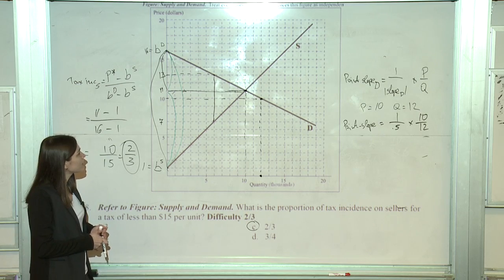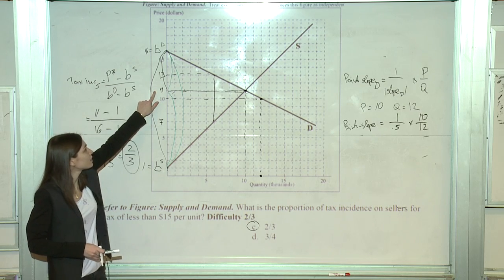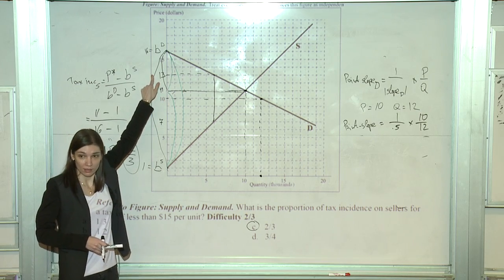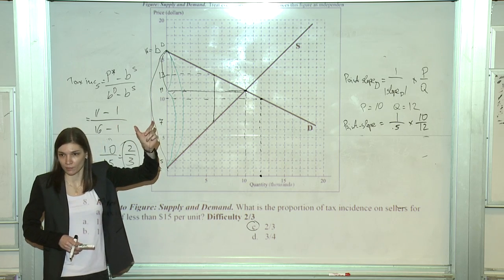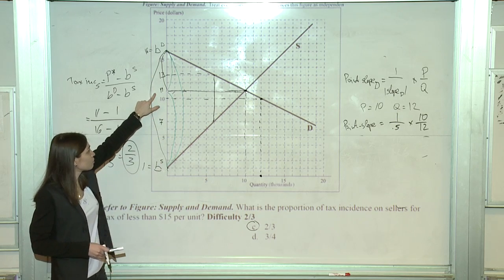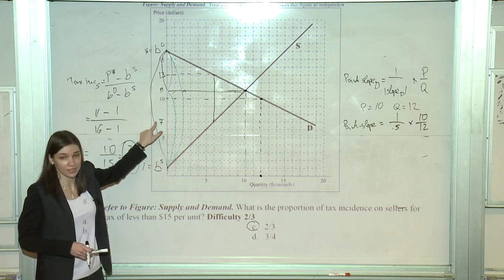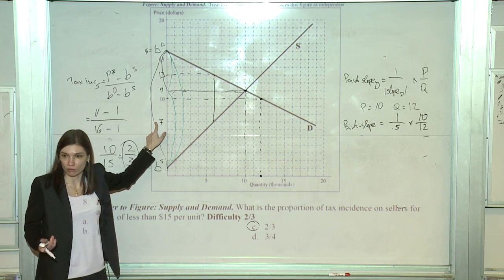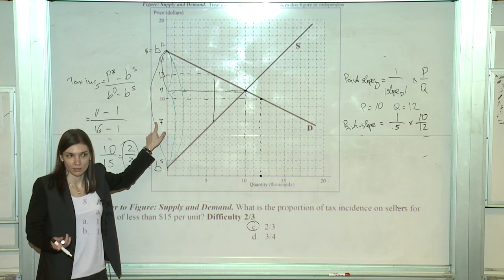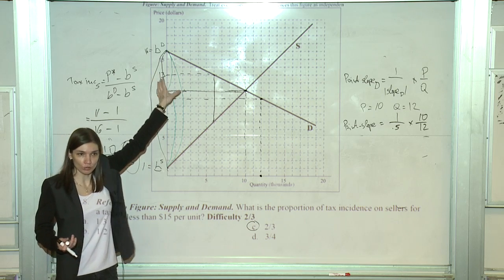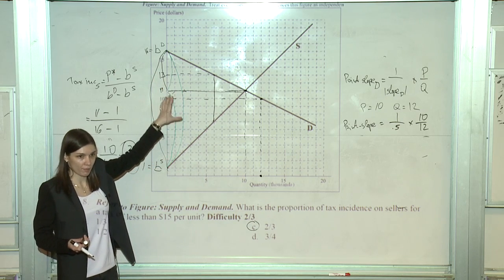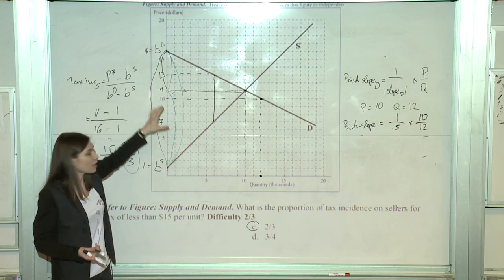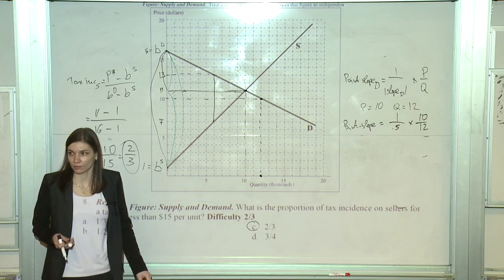So what happened here is that before the tax, buyers paid 11. Now they pay 13, so they are suffering a $2 loss. And sellers used to get 11. Now they only get 7, so they suffer a $4 loss because of the tax. So buyers suffered 2 out of the $6, or 1/3, and sellers end up paying 4 out of 6, or 2/3 of it.